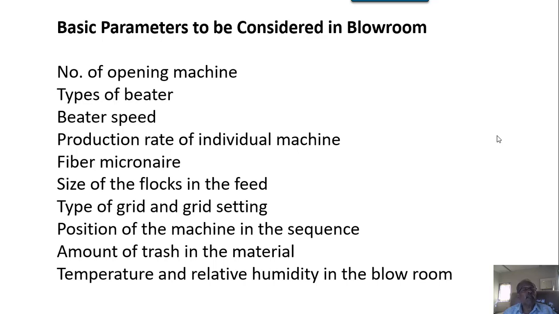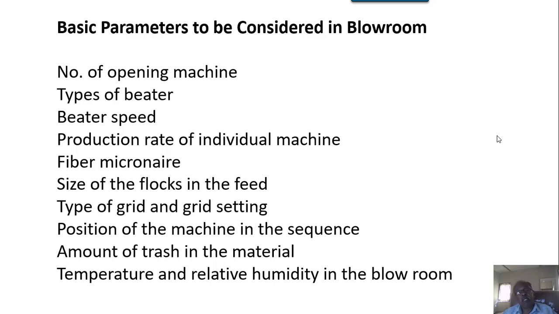So main factors considered in the blow room are number of opening machines, types of beaters, beater speeds, production rate of individual machine, that will vary from machine to machine depending on the kind of function that machine is assigned. Then fiber micronaire plays a vital role here, as it decides whether damage will take place to the fiber because of the blow room treatment.